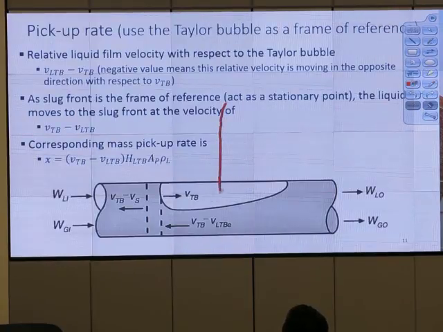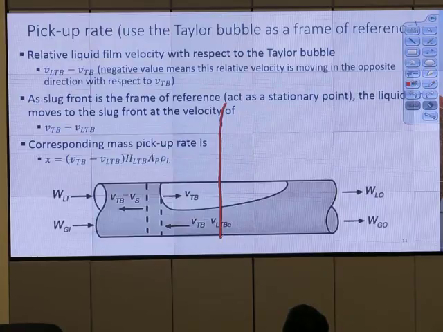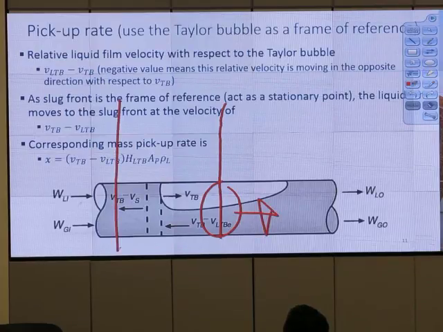The total volume that moves to this side is the same as when we put the mark at this point, and the total volume moving at that location. So at different Z, the total volume per unit time, or volumetric flow rate, is the same.